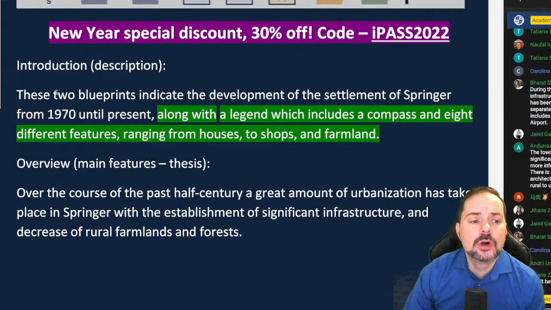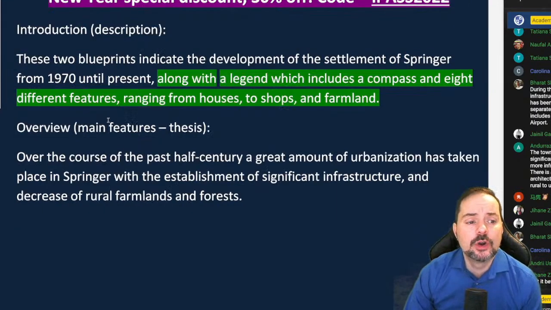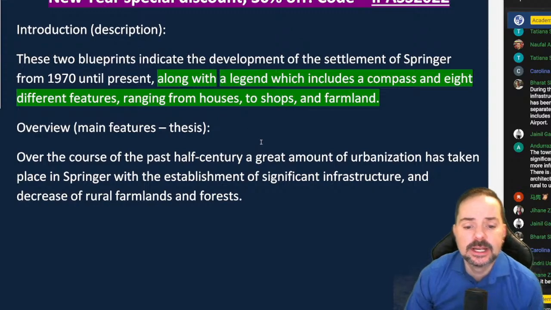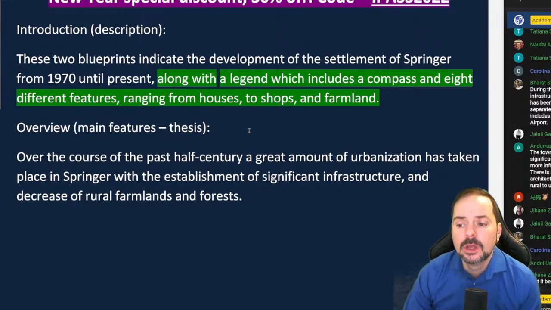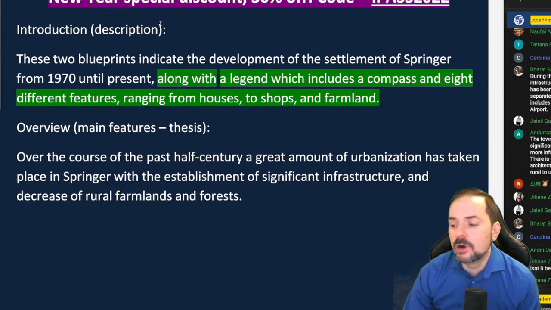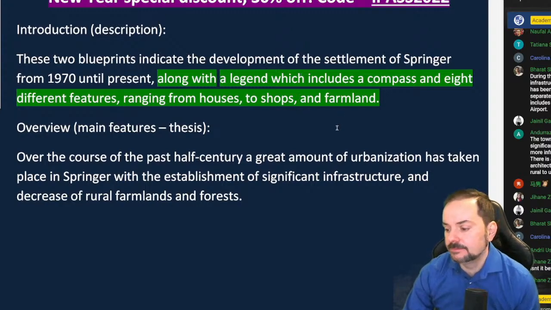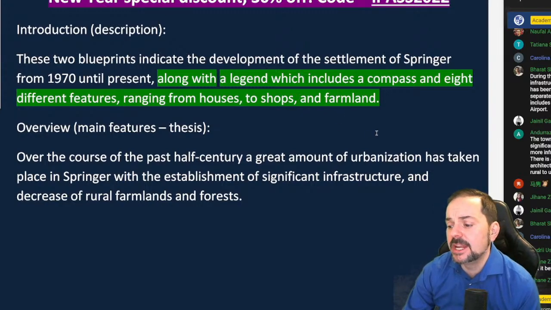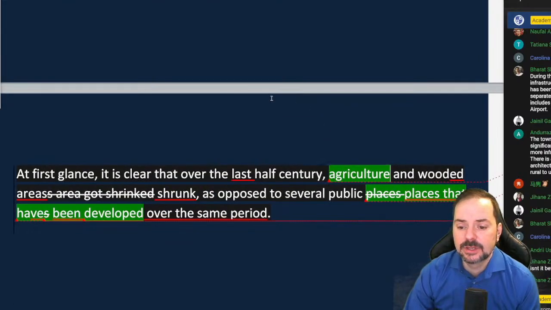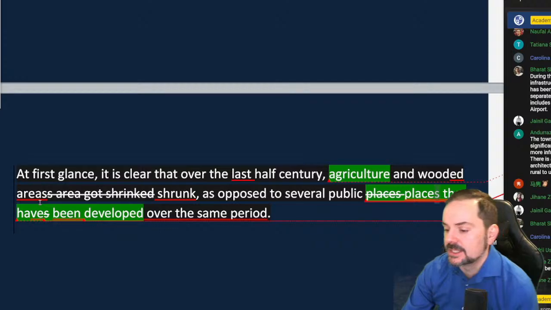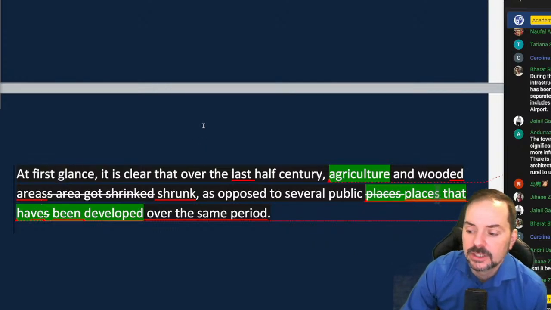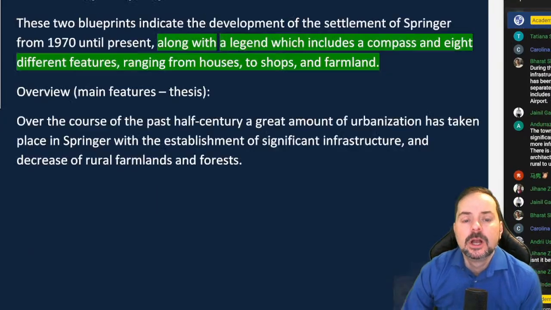So we've got our introduction, we've got our overview. Now it's time to get into the body paragraph. And Jane, have been, okay, because it's places, right? So places have been developed, okay? Jane, so watch your plurals.